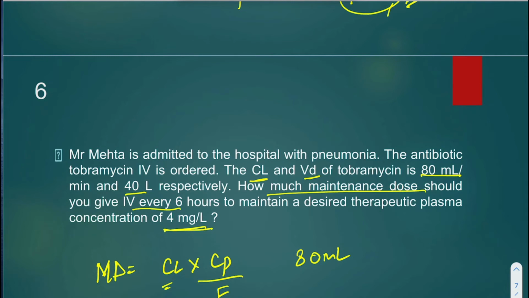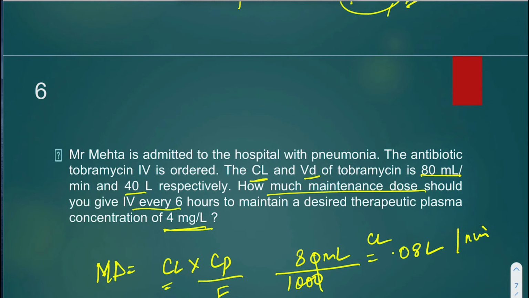Whatever is the thing. So अगर हम 80 ml को कन्वर्ट करेंगे लीटर्स में, we have to divide it by 1000, which is equal to 0.08 लीटर। So clearance is 0.08 liters per minute.